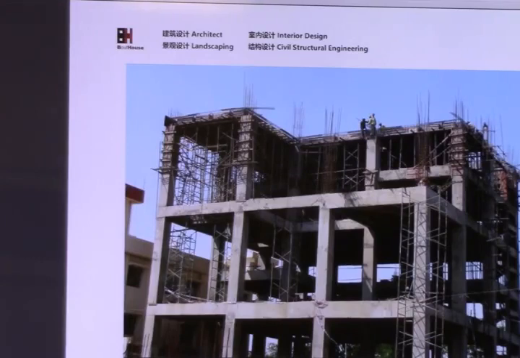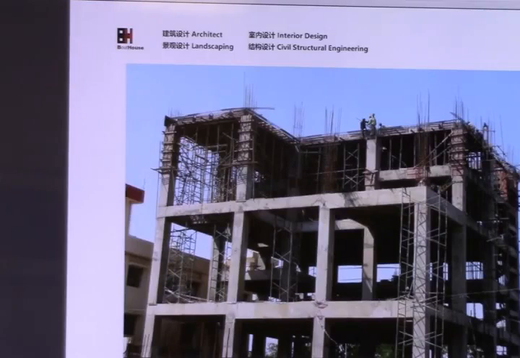Based on this one, we have the reinforced concrete shear wall construction. Also, we have the reinforced concrete tube construction.